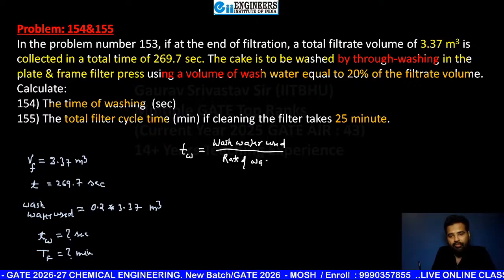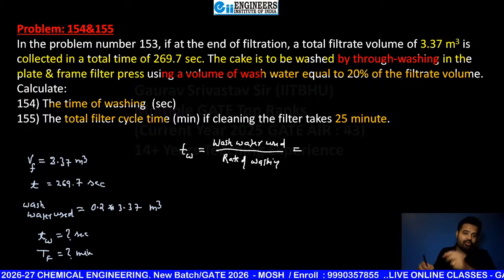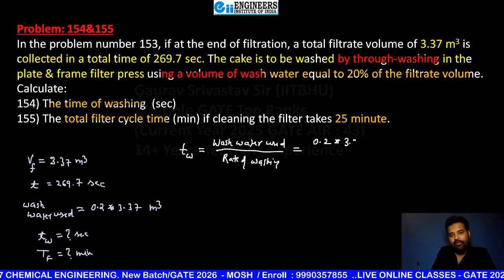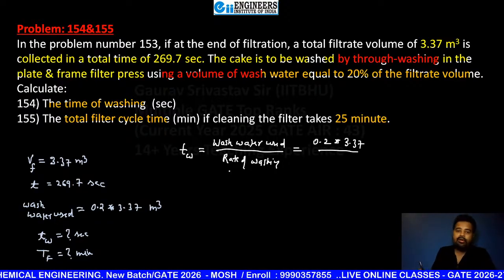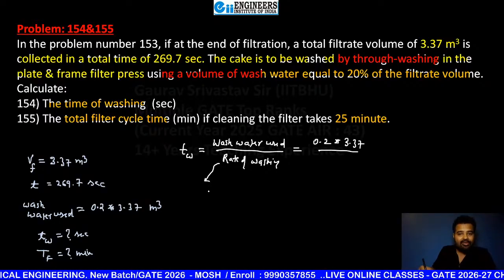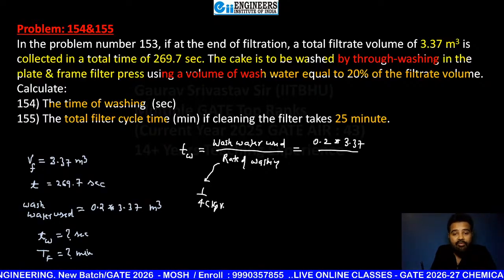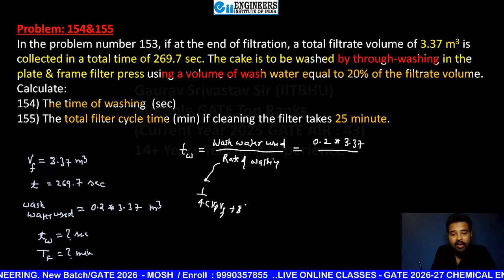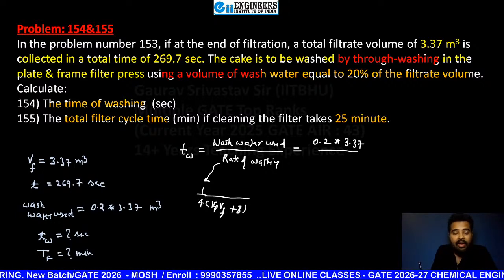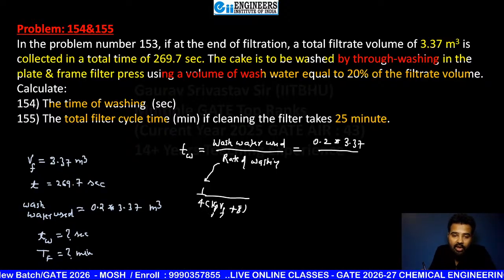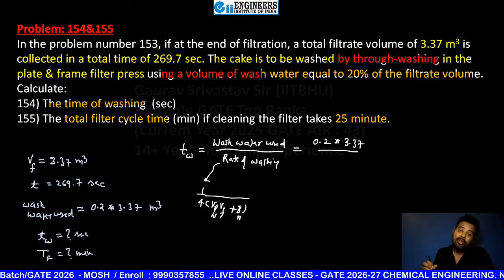Wash water used, already you know, is 0.2 into 3.37. Now how to write the rate of washing? The rate of washing will be 1 by 4 of (KP VF plus B). And since this is problem number 153, you have to use KP new and B new here.